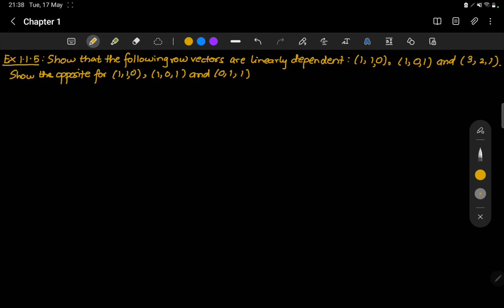The first set of three vectors is linearly dependent. Then the next set of three vectors is linearly independent. The opposite meaning linearly independent.